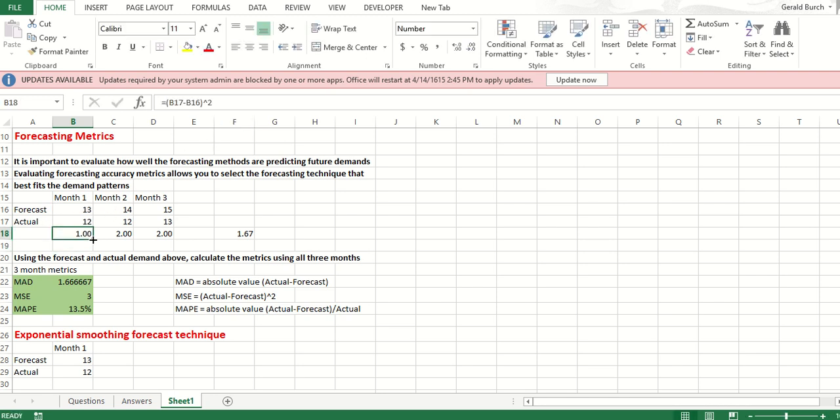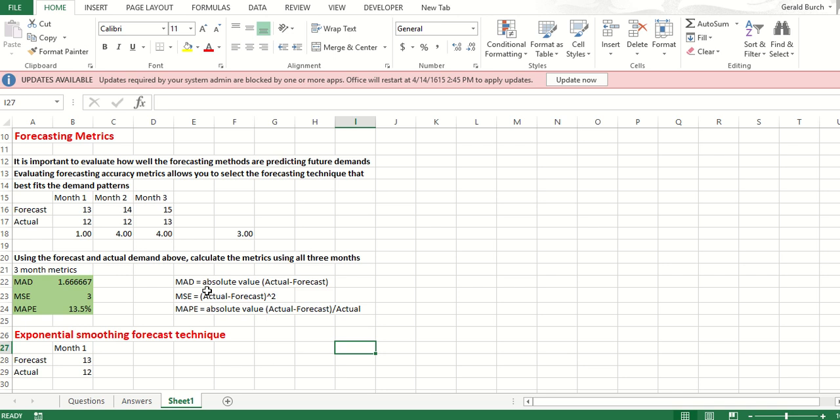So it came back 1 here, but as you can see, as we go forward, the difference between the actual and the forecast is 1. Squared becomes 1 still. The difference between 12 and 14 is 2. And whenever I square it, that is 4. Same thing here. Deviation of 2 here. Square it, that becomes 4. We take the average of all 3 of them again, and our answer comes out as 3.